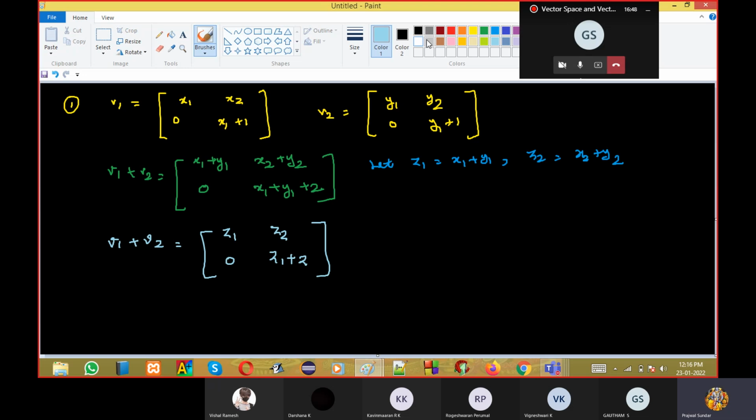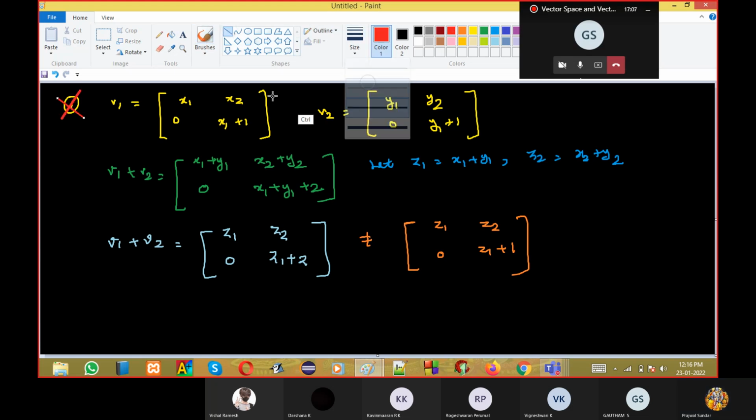So Gautam, you cannot group it like what you said. What z1 is here should come exactly, and what z2 is here should come exactly there. But this is not equal to the required format. We want this format, but this is not coming. So even the first condition is not satisfied. Whatever grouping you said is not possible.